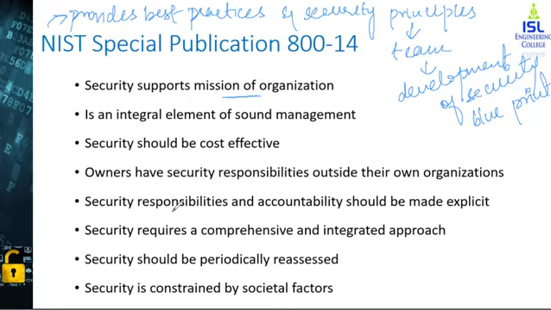Then security responsibilities and accountability should be made explicit. All the different policy documents should be clearly identified so that everyone gets to know that these are the policies that need to be implemented. So you get to know what is the responsibility of the user.